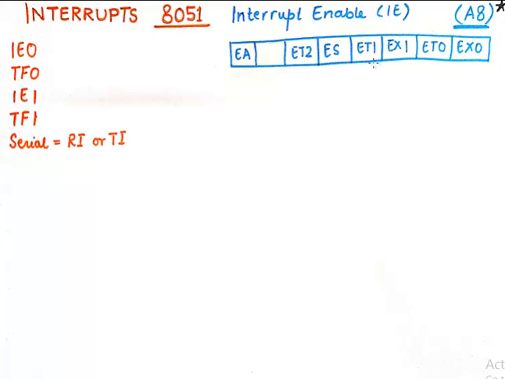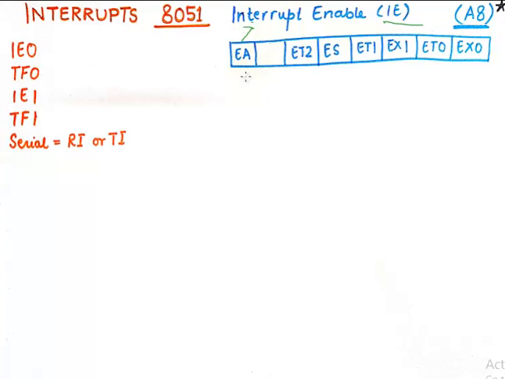I'll talk about the functions of each bit in detail. You need to commit this address to memory, that A8 is the register address of the interrupt enable register. The 7th bit here is the main switch, the enable interrupt bit.